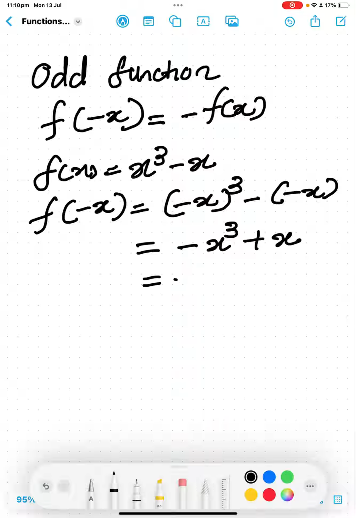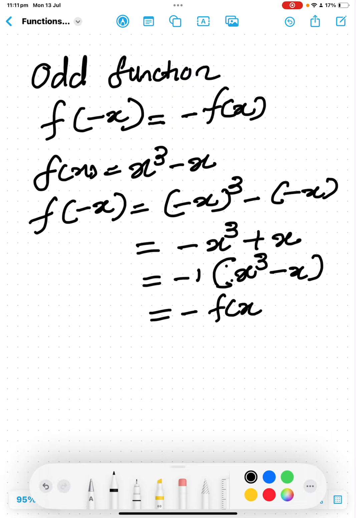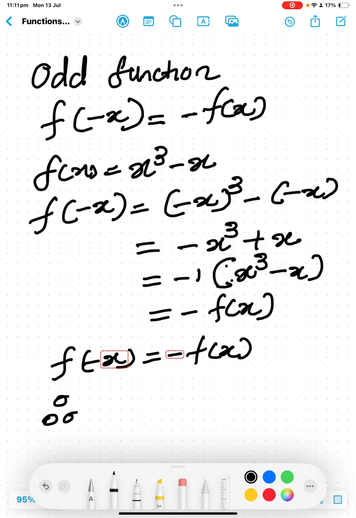If I take negative 1 as a common factor, it would be -1 times (x cubed minus x). So that would be -f(x). So if f(-x) equals -f(x), therefore we can say x cubed minus x is an odd function.